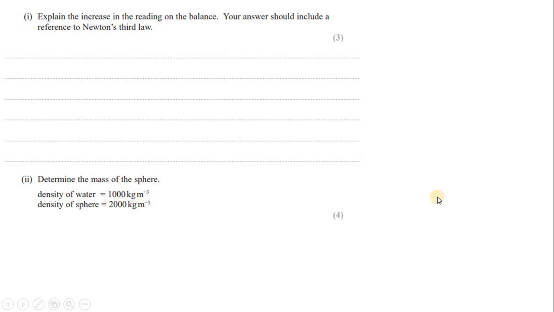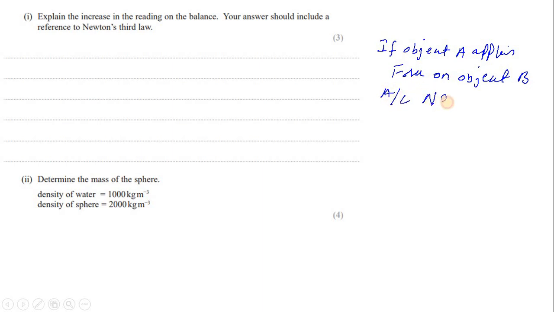The general statement is, if object A, due to some reason, applies or exerts a force on object B, then according to Newton's third law, object B applies a force on object A in the opposite direction, and in this case we have a resultant force in the direction of A or maybe in the direction of B.